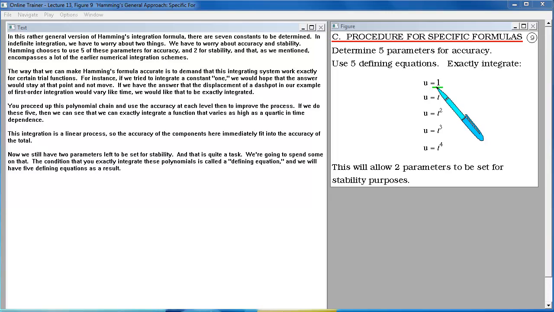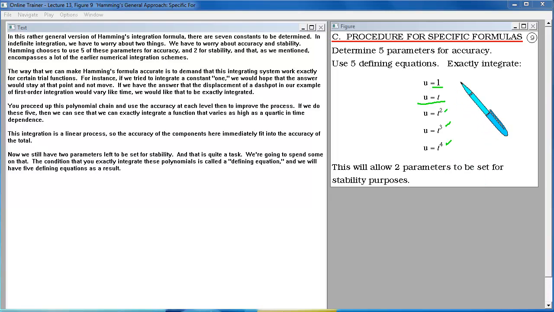If we have the answer that the displacement of a dashpot in our example, first order integration, would vary like time, we would like that to be exactly integrated. You proceed up this polynomial chain and use the accuracy at each level then to improve the process.